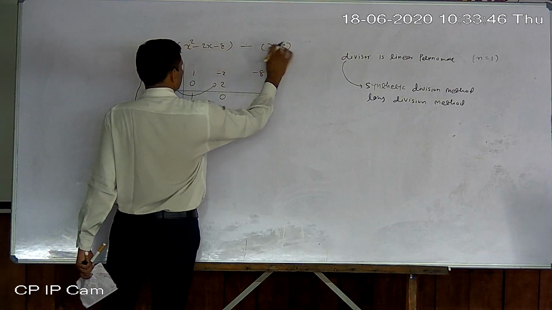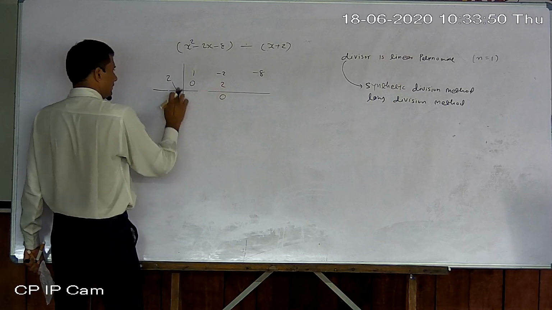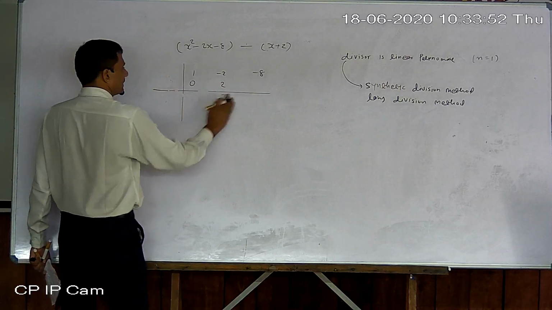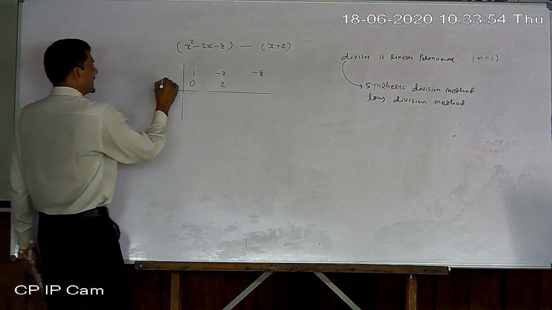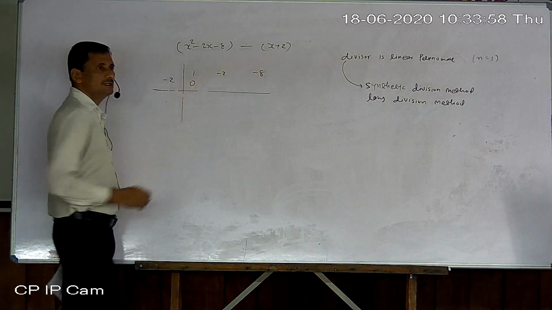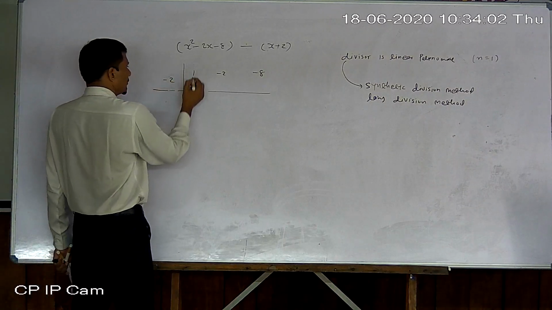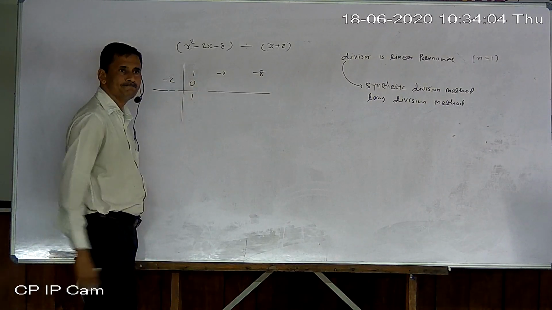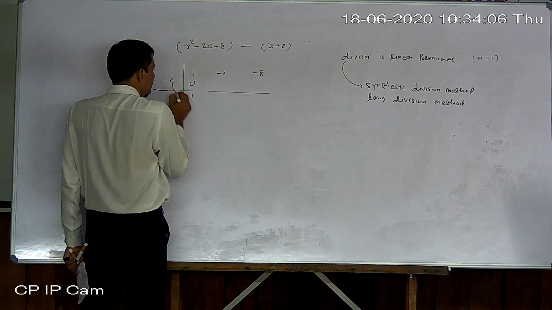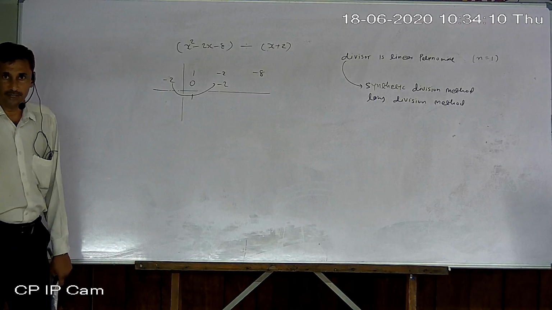now x plus 2, I multiply so that it becomes meaningful. Again minus 2. Why? Zero of the divisor, minus 2 here. So first write down 0, then make the total. Now minus 2 ones are minus 2.